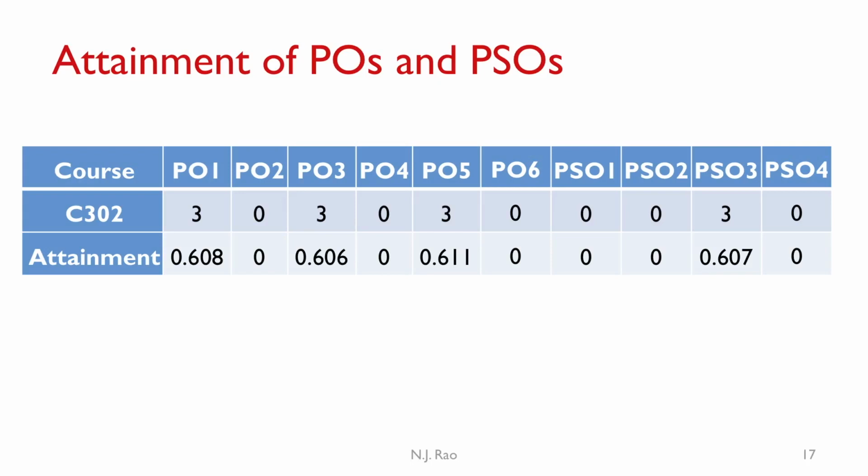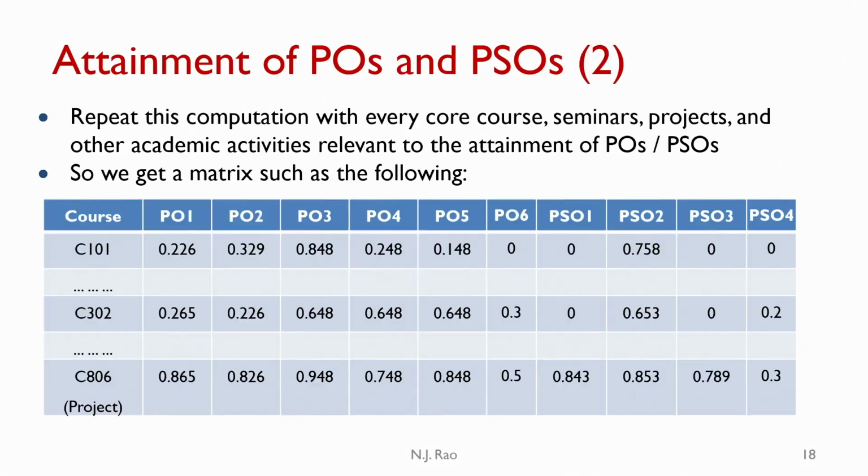Now you have to collect this information for all the courses and all the activities of the program. So you have to repeat this for all the courses. These computations can be done automatically at the end of each semester after the exams are over, collecting all the marks, and it is easier to integrate it together like this.